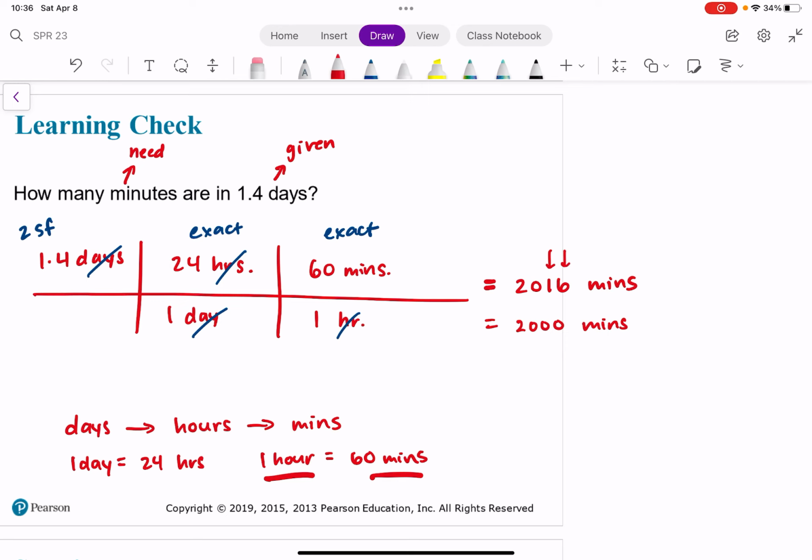Now if you look at this, we actually only have 1 sig fig in this number.